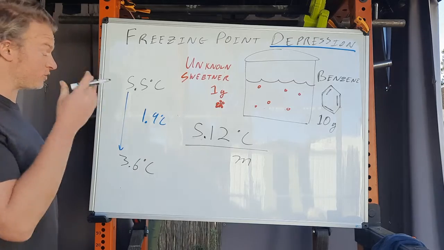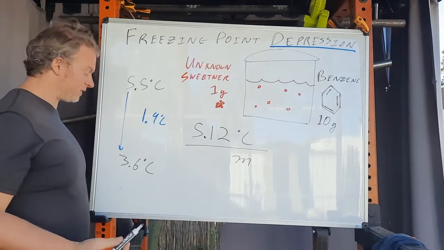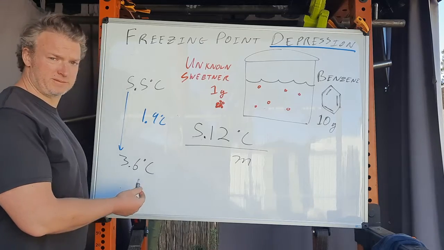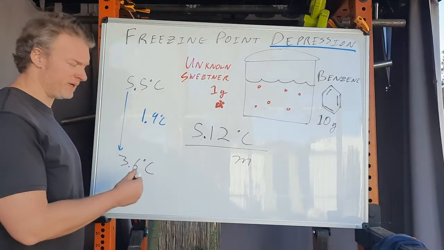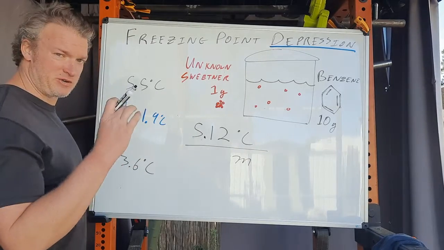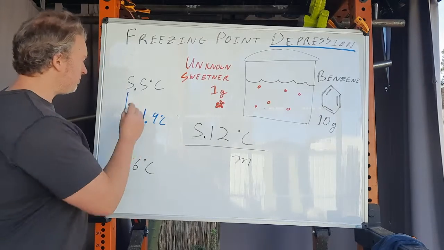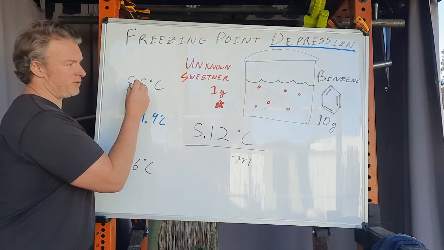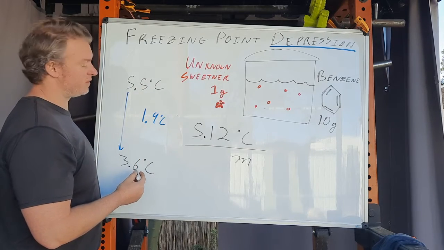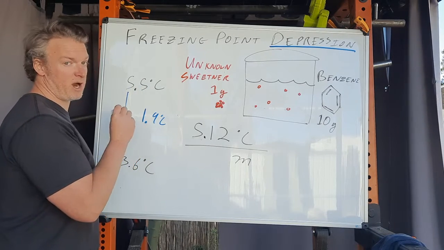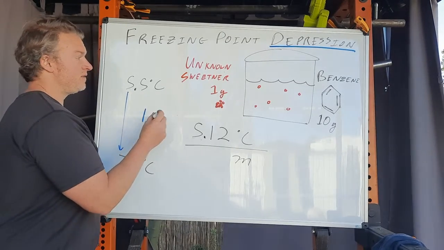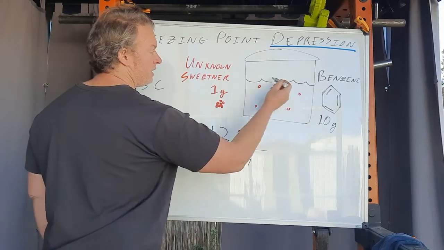In the laboratory you would just get a -20 freezer, put a thermometer in there, and open the freezer door every 5 minutes to see if it's frozen. Whenever it's frozen, you look at the temperature, and then you do little things to narrow it down. Pure benzene is going to freeze at 5.5. This solution froze at 3.6. That's a 1.9 degree drop. Now, for every 1.9 degrees this drops, that tells us how much is in here.